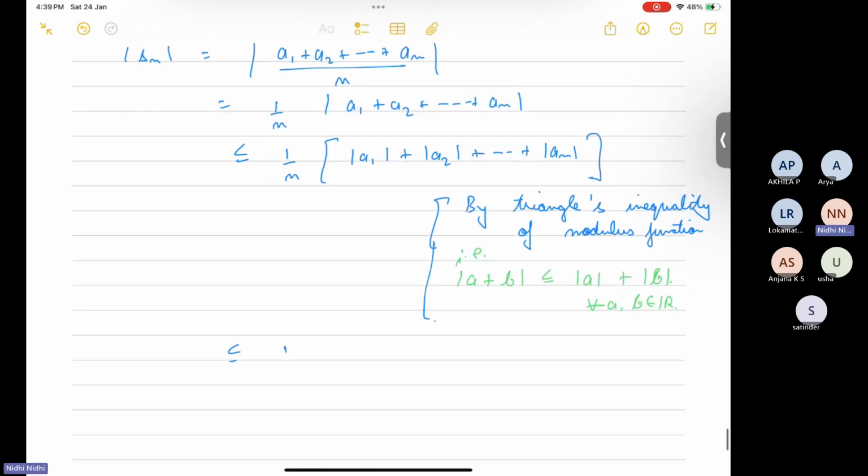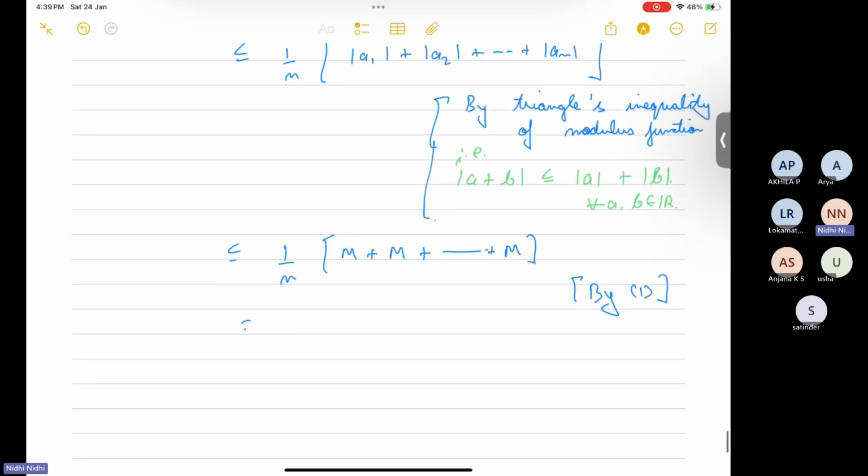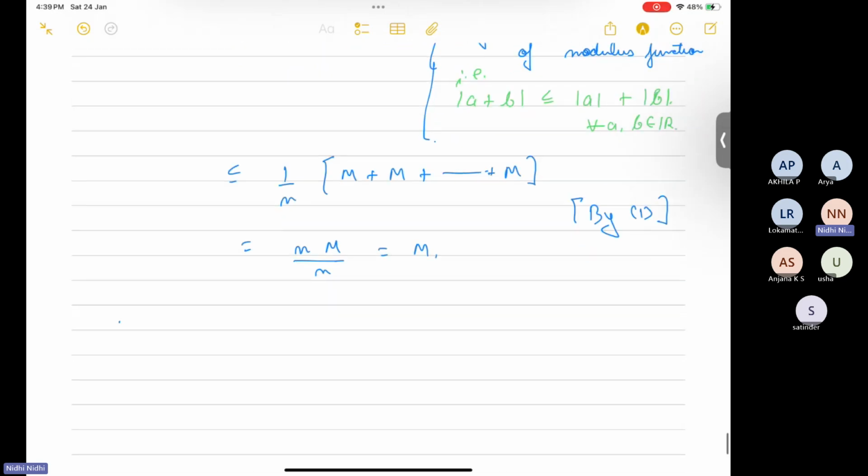This is less than or equal to 1 by n times m plus m plus m. Now this was by the first. Since there are n times m, this is nm by n, which is just m. That means mod Sn is less than or equal to m for every n in N.